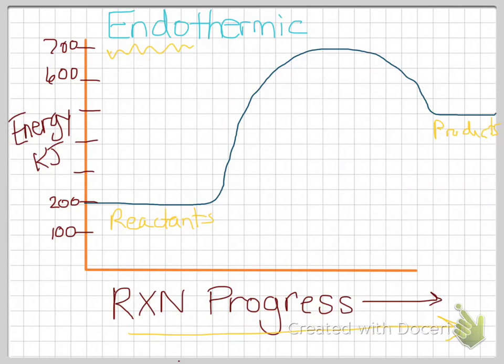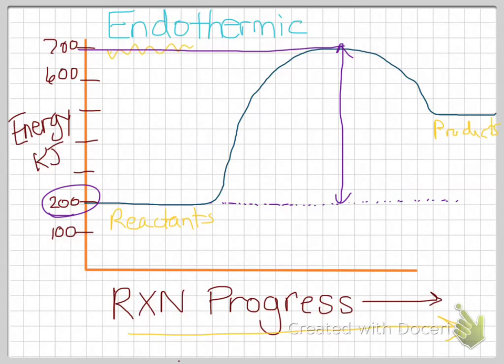And so we'll take a look here at our activation energy. So remember, we always measure from our reactant line, which is about 200, okay? And we're going to measure from there all the way up to the tippy top. And if we look, that's going to be about, we'll say about 700.